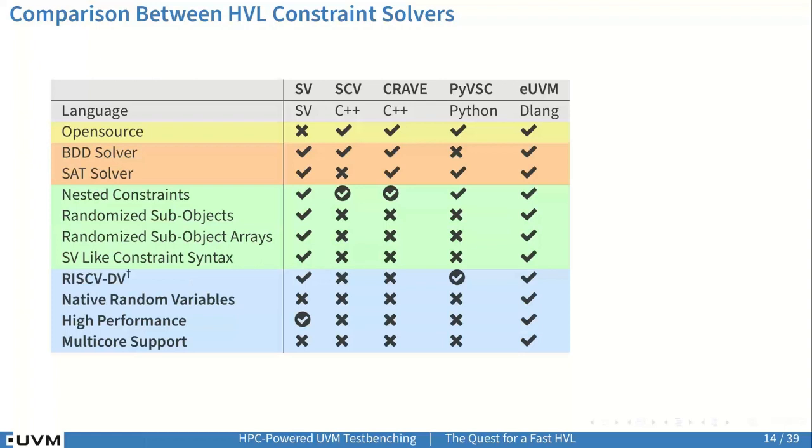Compared to that, in Python we were able to solve some constraints, but not all of them. And the Python constraint solver is way too slow. The DLang constraint solver is much faster, even compared to SystemVerilog. We are going to see some examples later.